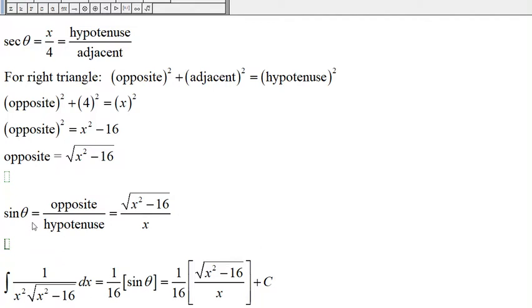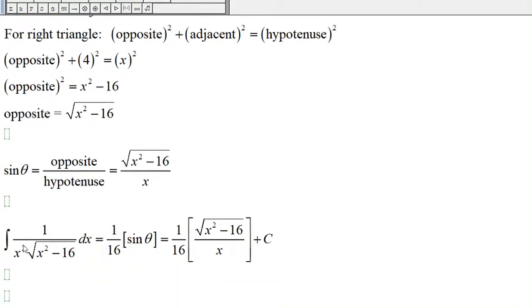Sine of theta is opposite over hypotenuse. The opposite side is the square root of x squared minus 16. The hypotenuse is x. So sine of theta is the square root of x squared minus 16 over x.